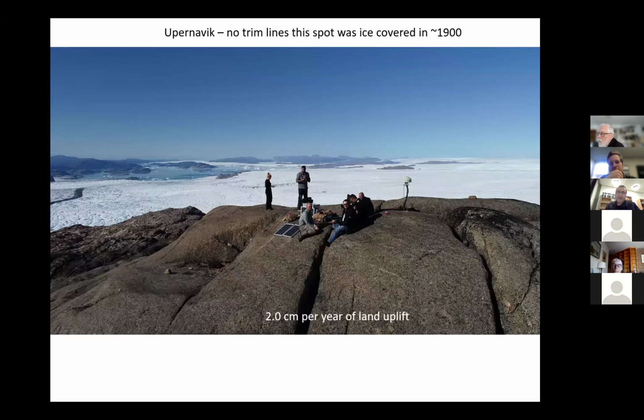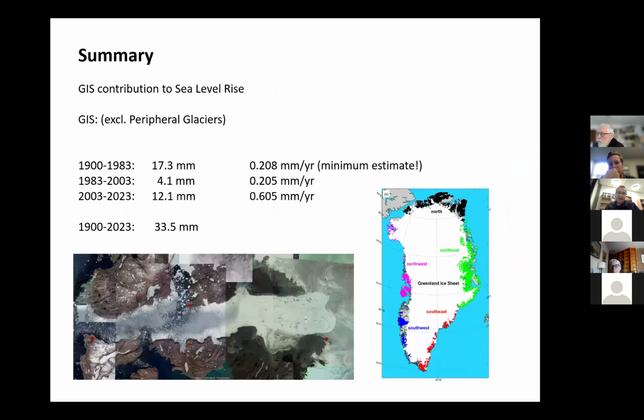So when I say the total contribution is 23.5 millimeters, if we include peripheral glaciers, my guess is it will be close to 40 millimeters, or 4 centimeters. Okay, great. And you've included the glacial isostatic uplift? Yeah, all this is taken into account.